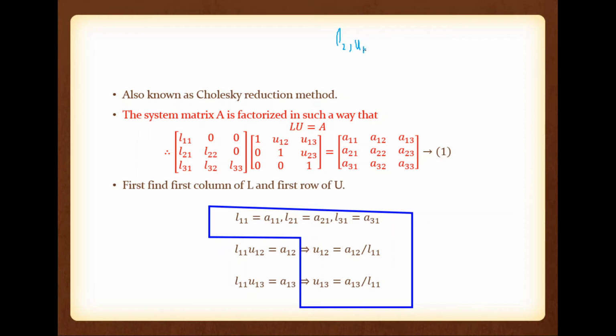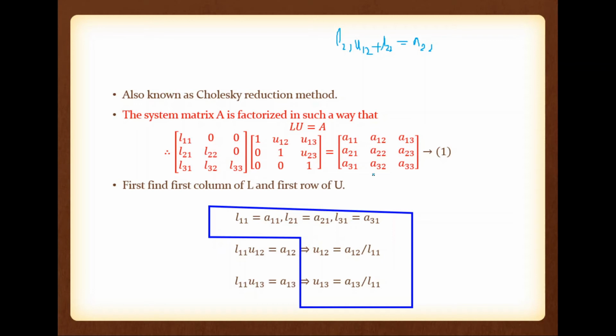You can see that these two we know. This is L21 and this is U12. Then L22 into 1, so that is L22. That is equal to A22. So this one will give L22. L22 will be A22 minus L21 into U12.